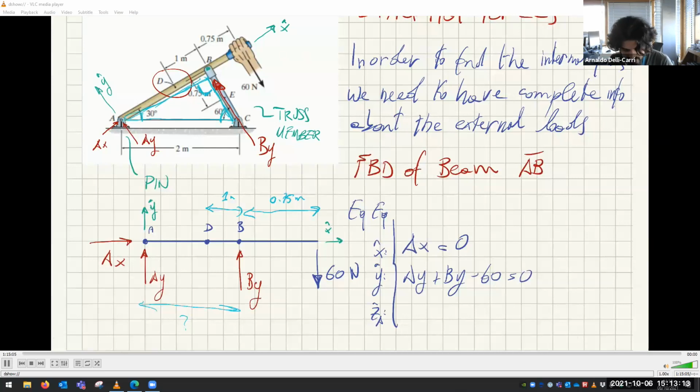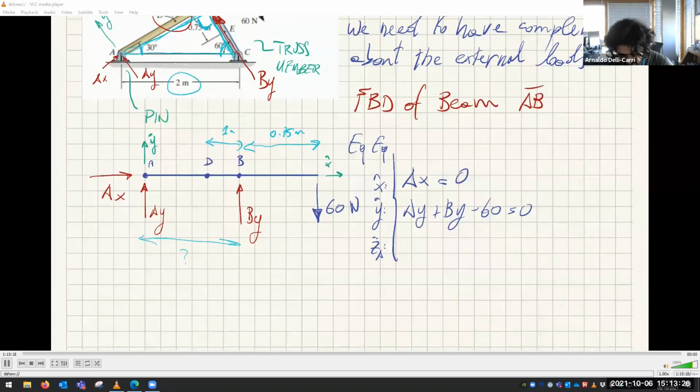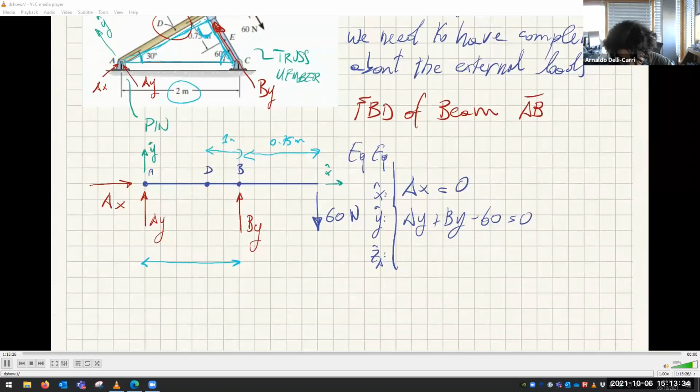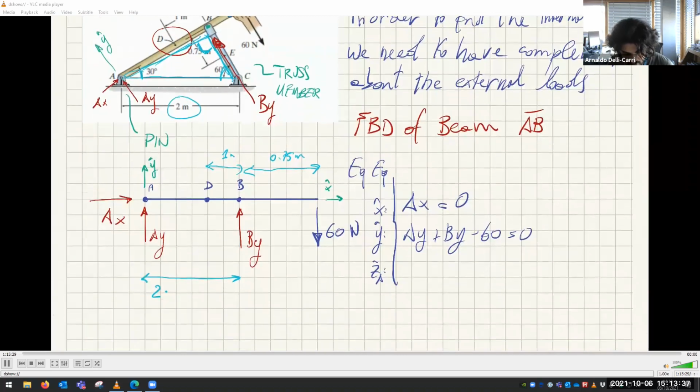And we also have the hypotenuse of this triangle. So we have the hypotenuse and we want to know this distance AB. So this distance here is just 2 meters times the cosine of 30.